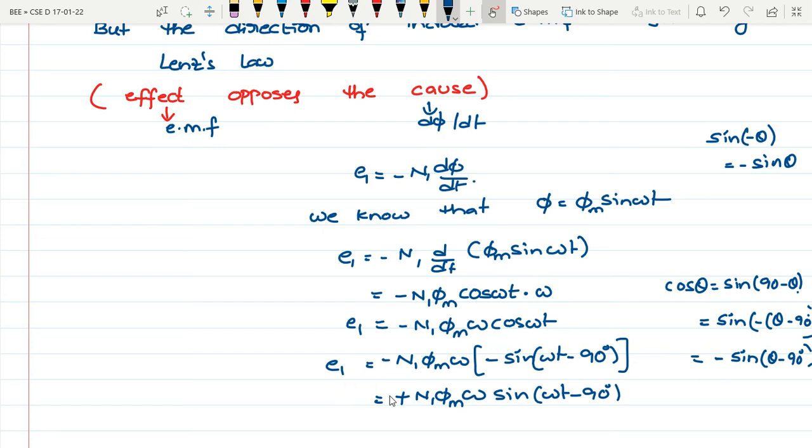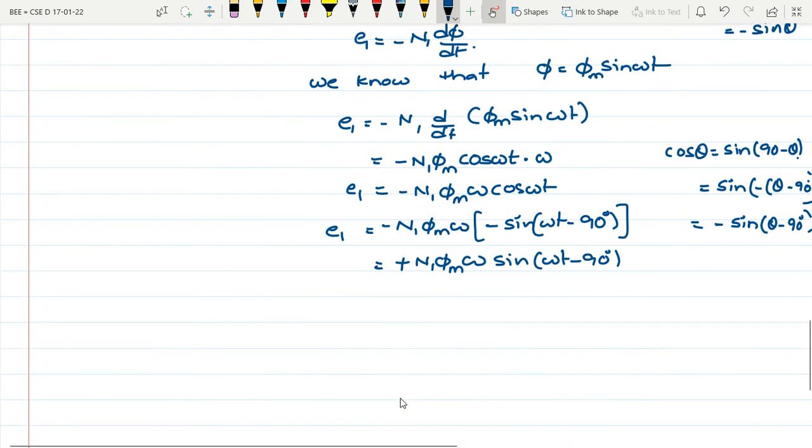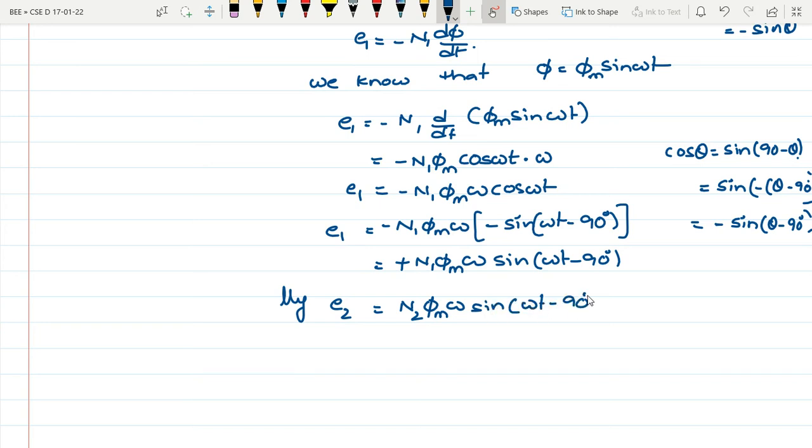So this is EMF equation. So similarly, E2 will also, E2 is equal to, in place of N1 you will get N2. N2 phi m omega sine omega t minus 90. No need to derive like this. You can write it as similarly, E2 is equal to N2 phi m omega sine omega t minus 90.